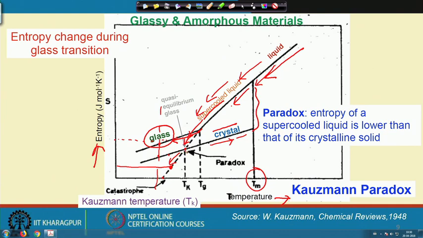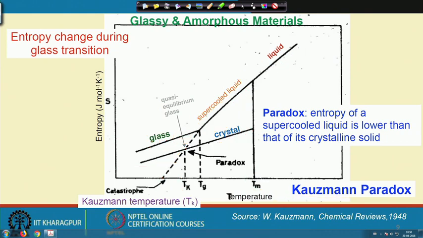The temperature at which the entropy of the supercooled liquid and the crystal become equal, we call T_K. This was proposed by a scientist named Kauzmann, and this is the paradox that I have explained, known as the Kauzmann paradox.